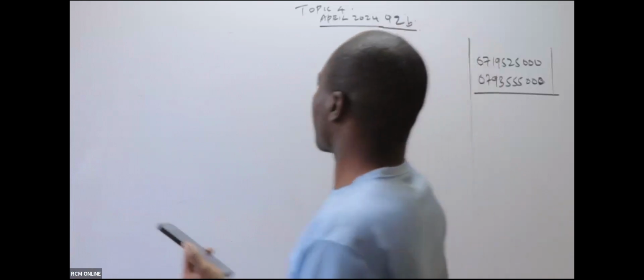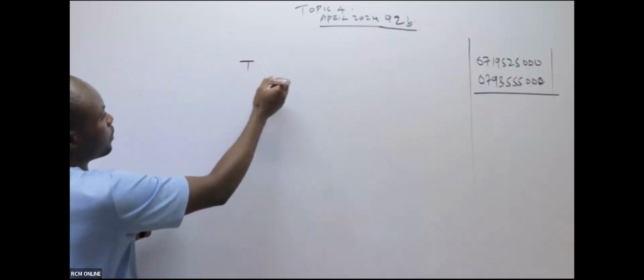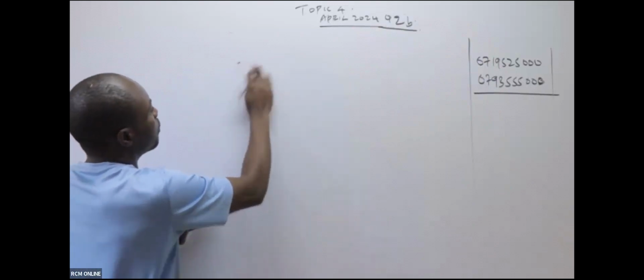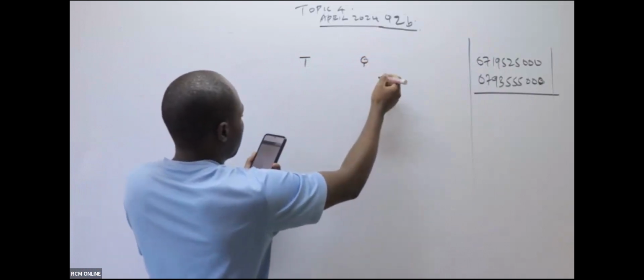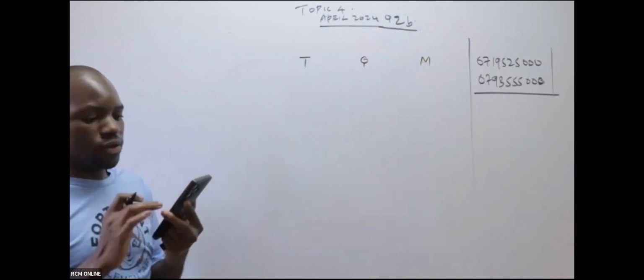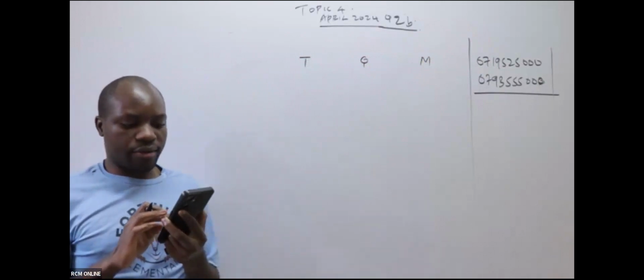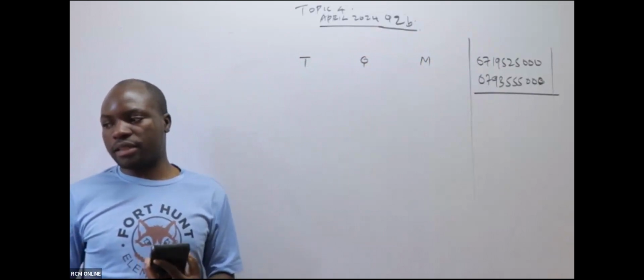So here we are dealing with department T, we are dealing with Q, and of course we are dealing with department M. So in this particular question, all these departments are production departments. Good.